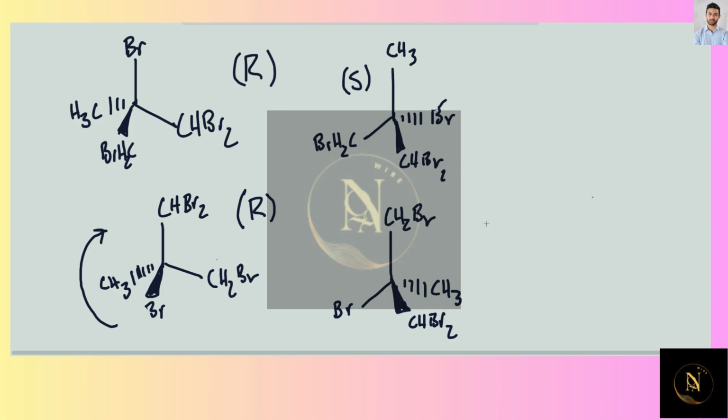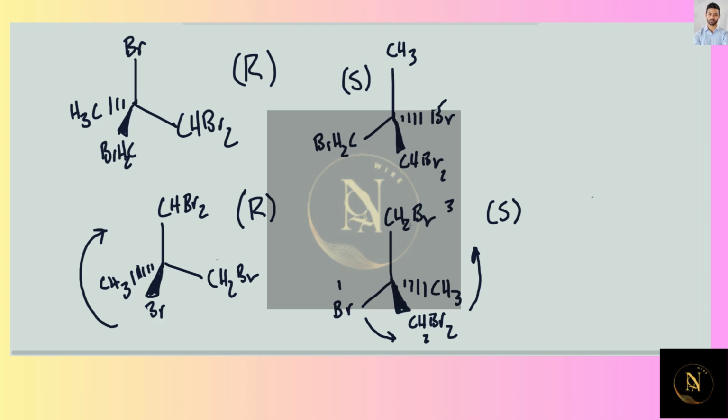Once again, we have the lowest priority in the back, so we can just start numbering the highest to the lowest priority. I see the highest priority is bromine, as per usual. Second highest priority is the carbon with 2 bromines, and then third is the 1 bromine. And this looks like counterclockwise to me, which means that this has an S stereochemistry.